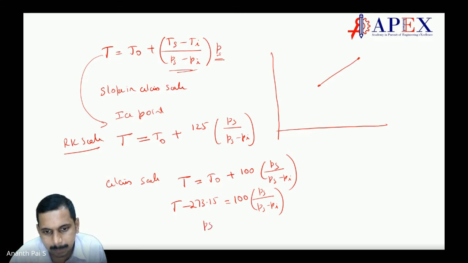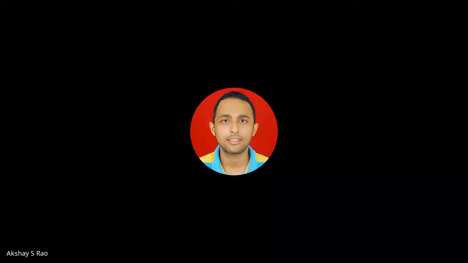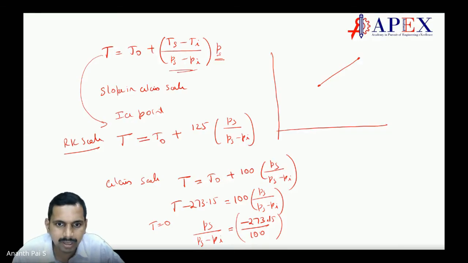For Ps by (Ps minus Pi), you take T equal to 0. Then Ps divided by (Ps minus Pi) is equal to minus 273 divided by 100, correct? I don't know whether I'm doing it right. Let us see. So Ps minus Pi gives us a number, and that number we have to put here.